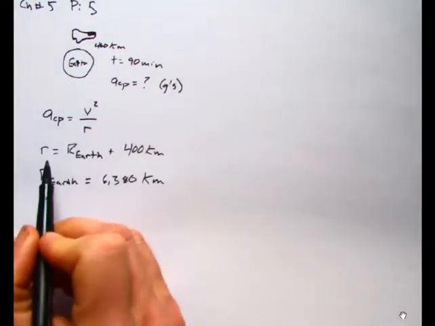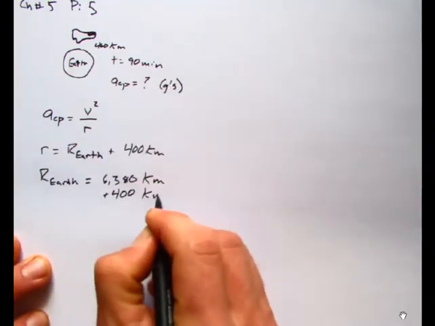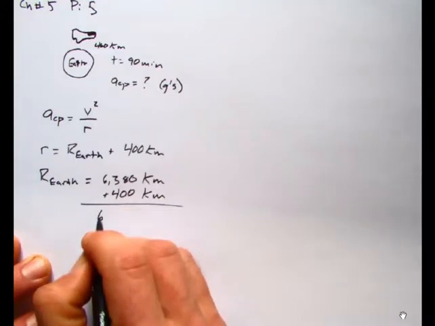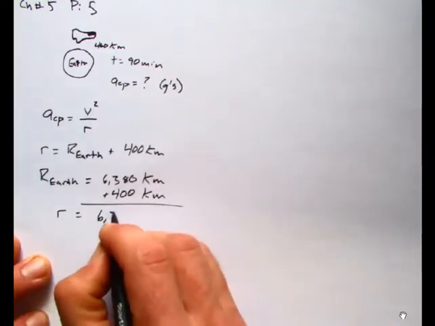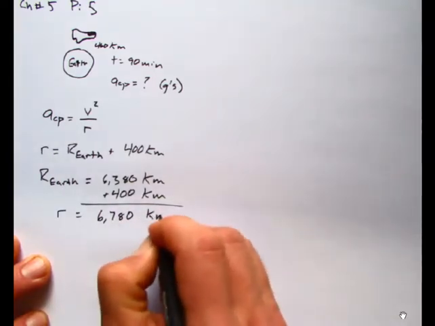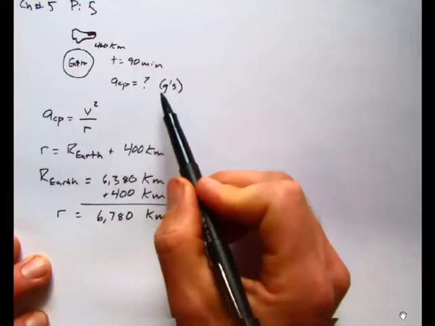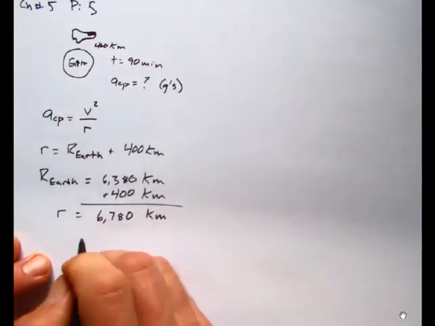So to get the overall radius here, we would have to add 400 kilometers to that, and we would get the radius for this problem is going to be 6,780 kilometers.